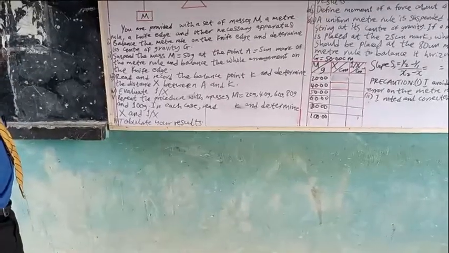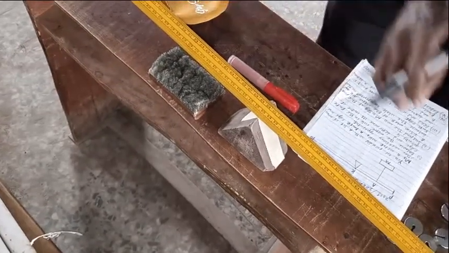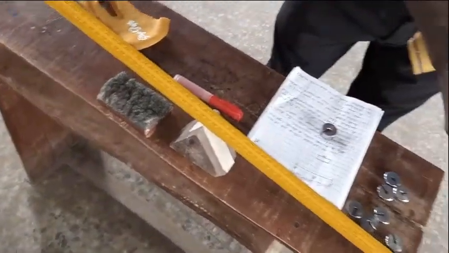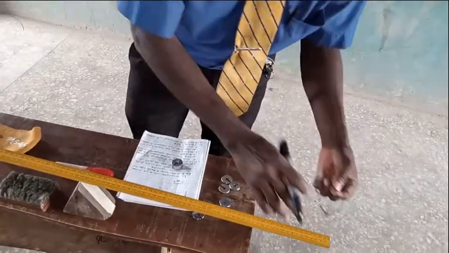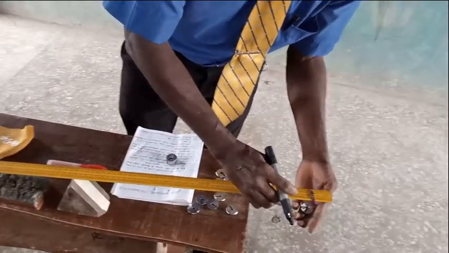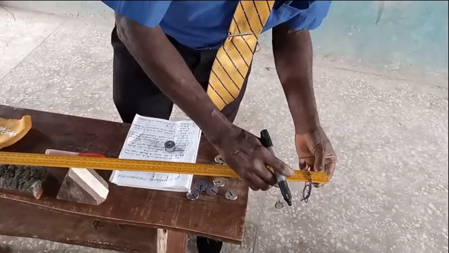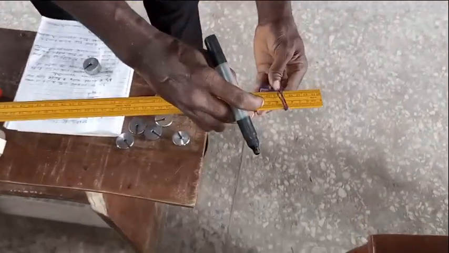The next one, we've recorded it. Suspend the mass M equal to 50 grams. This is 50 grams. You are directed to suspend it at the 5 centimeter mark. This is the 5 centimeter mark.